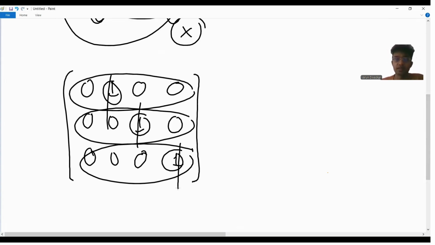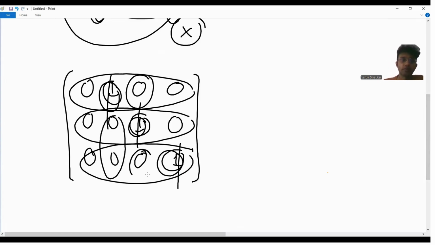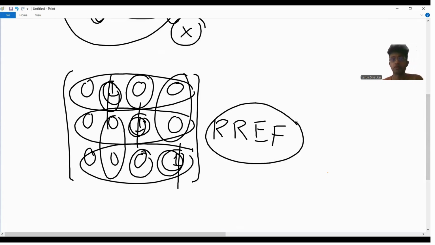The first condition doesn't apply here, right? And then if you look at the eligibility for being a reduced row echelon form, you see all of the pivot values are 1, and all other values in that column apart from the 1 are 0, right? So this is a reduced row echelon form, right?